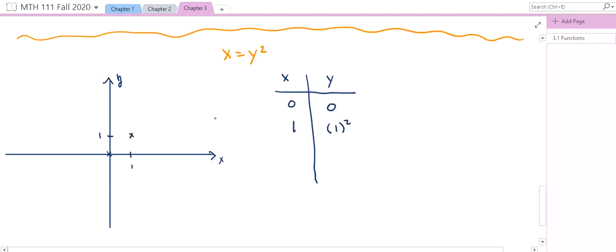Here's another point. If y equals 2, x equals 2 squared, which is 4. And we can continue on here. So far so good. This looks good. But this is what we call the principal root.